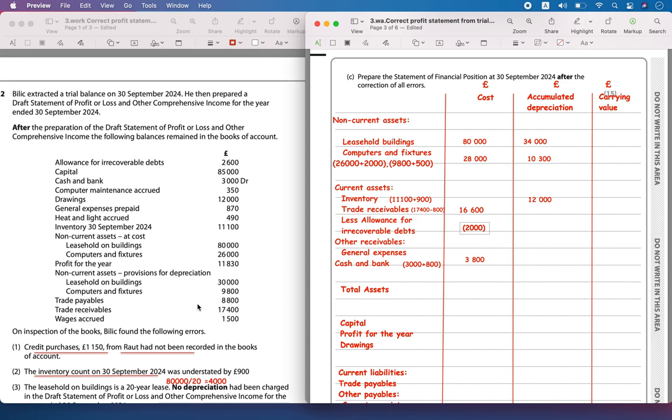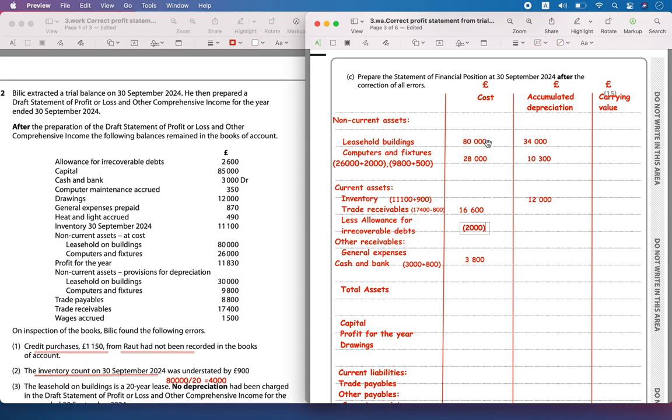Okay, and so let's now start putting other things in place. So first one is, we have filled out, there were adjustments and errors with this. So let's calculate the carrying value. 80,000 minus 34,000, that should be equal to 46,000. Now 28 minus 10,300, so it is equal to 17,700. Now let's add up all of this. So 80 plus 28, 108,000.